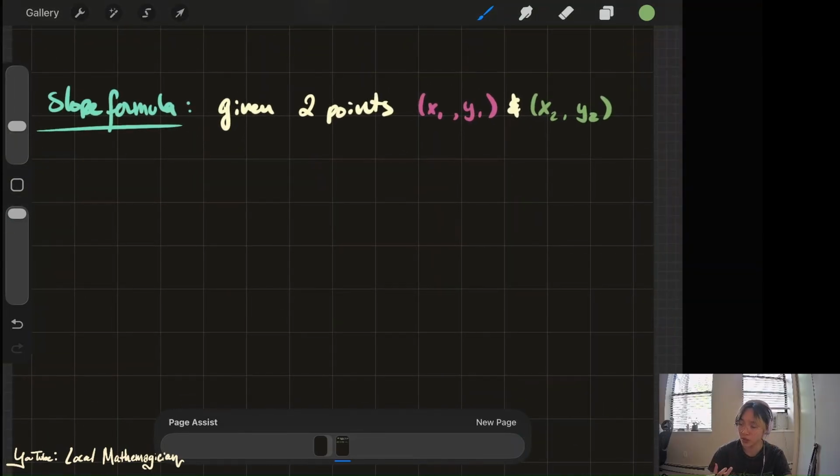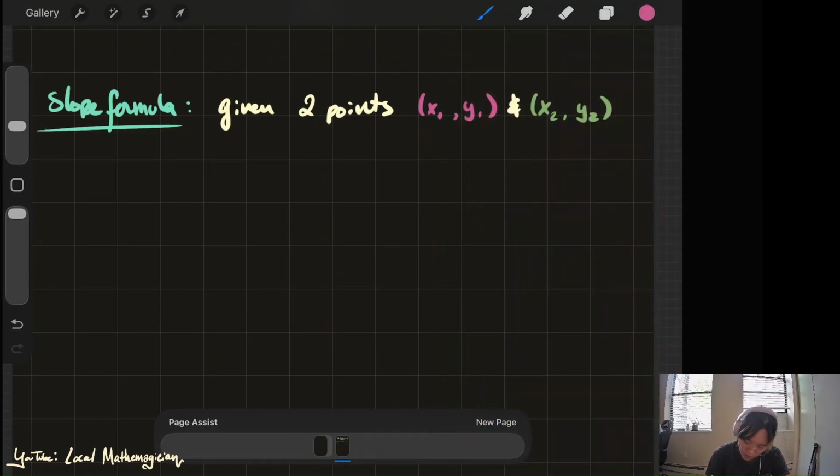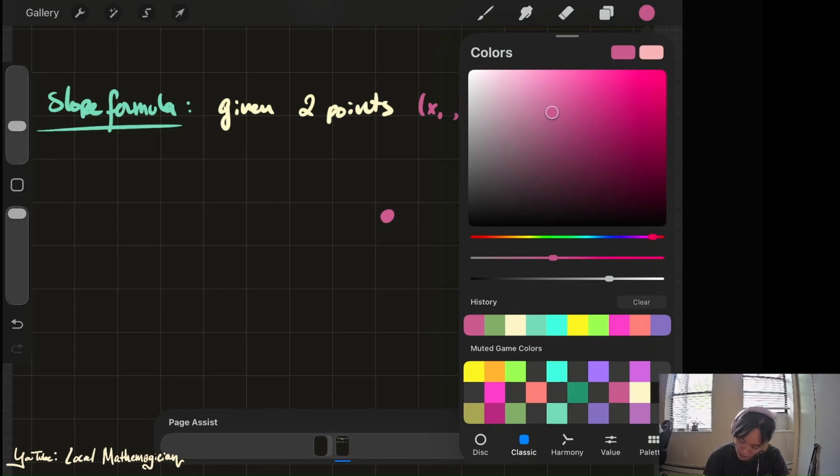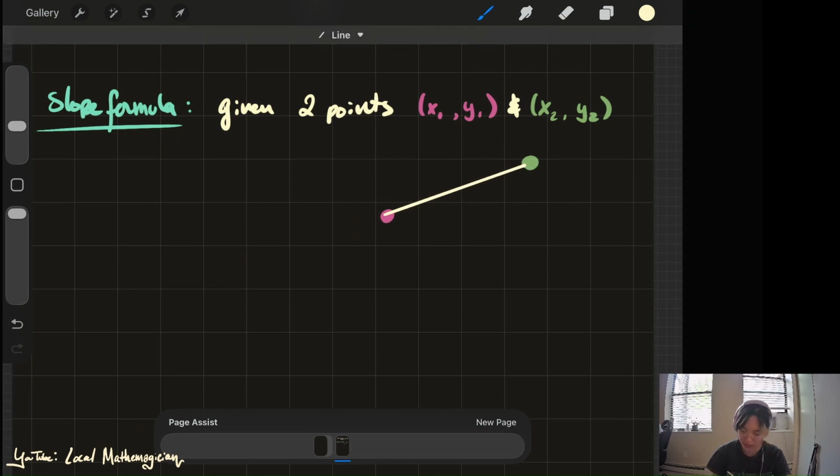The slope of the line between these 2 points, so suppose your points are here and here, we draw a little line between them, like that, right?